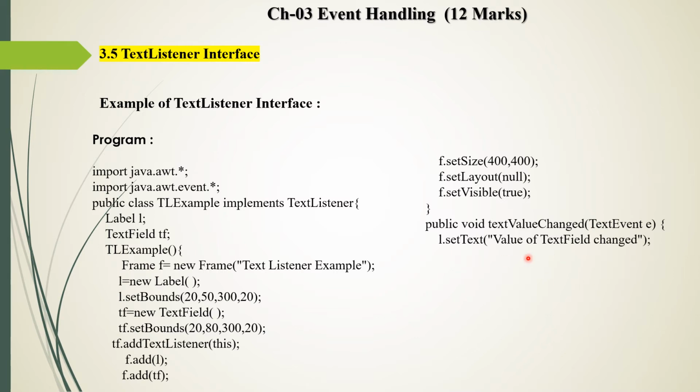When you enter any character in the text field, this message is displayed in the label. Then last we define the main method, public static void main(String[] args), and in the main method we create one object of our class TLExample. So this is a simple program to handle a TextListener or text event.